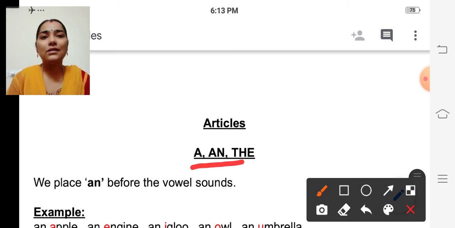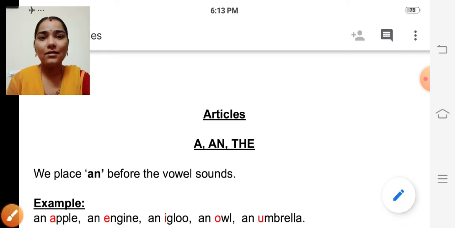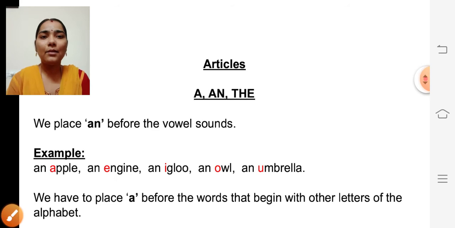First let us learn about the article an. Where to use an? We place an before the vowels and vowel sounds.